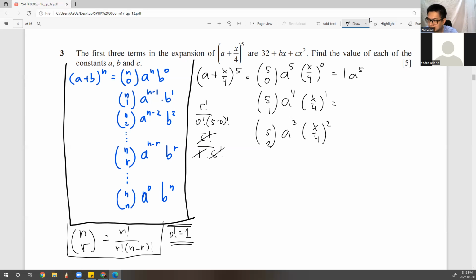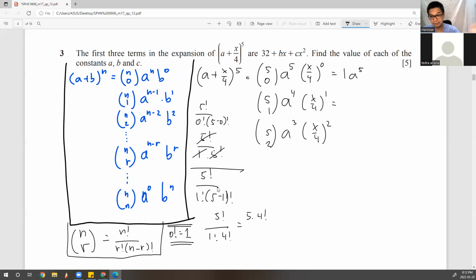5C1. So 5 factorial over 1 factorial times 5 minus 1 factorial, right? Or make it simple, 5 factorial over 1. 1 factorial is 1 itself, because you cannot decrease until 0, because if you decrease until 0, you get 0 for every answer, right? So 1 factorial times 4 factorial. This is quite challenging, but we have the simple way. 5 factorial is 5 times 4 factorial, right?